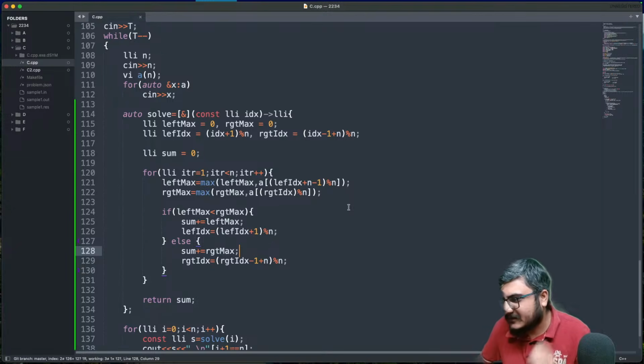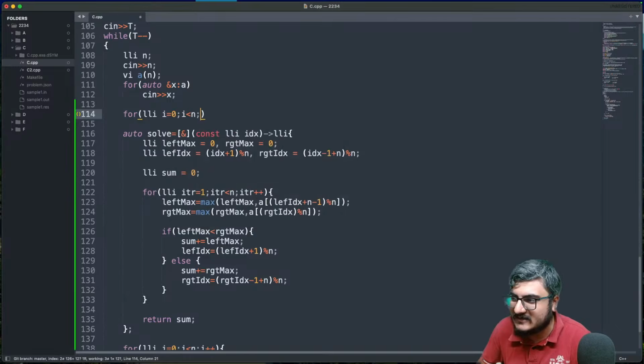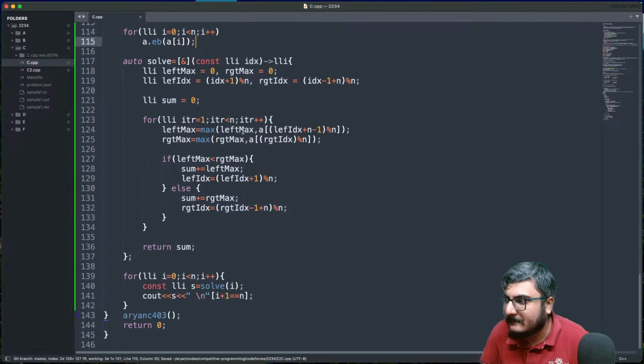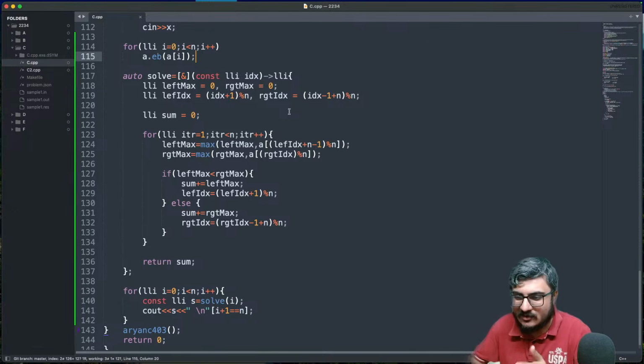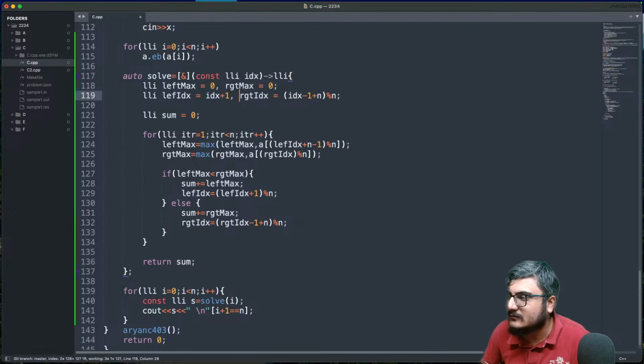One idea was, whenever you have to solve for a cyclic array, one thing we can do is append the same array to it again. And then rather than going for this mod and all that, we can simply forget about the mod.